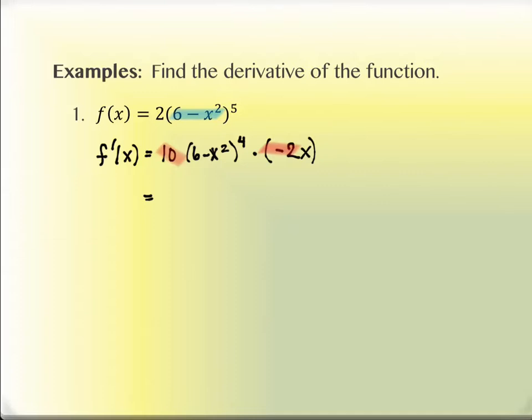The piece that's still got a power of 4, I don't want to distribute that out, so that's not going to be able to combine with anything. But if I take the 10 times the negative 2x, what will I get? Yeah, so I have negative 20x, and then I have 6 minus x squared to the power 4. And that's the chain rule.